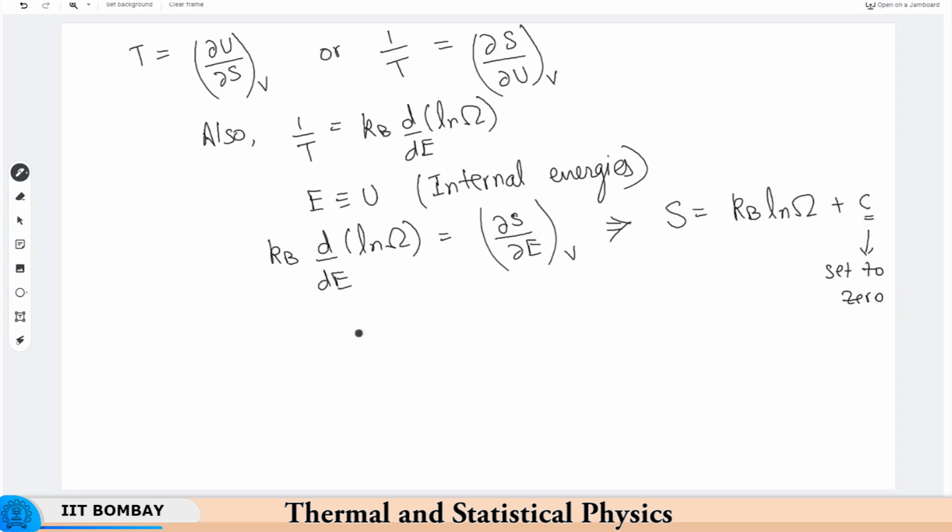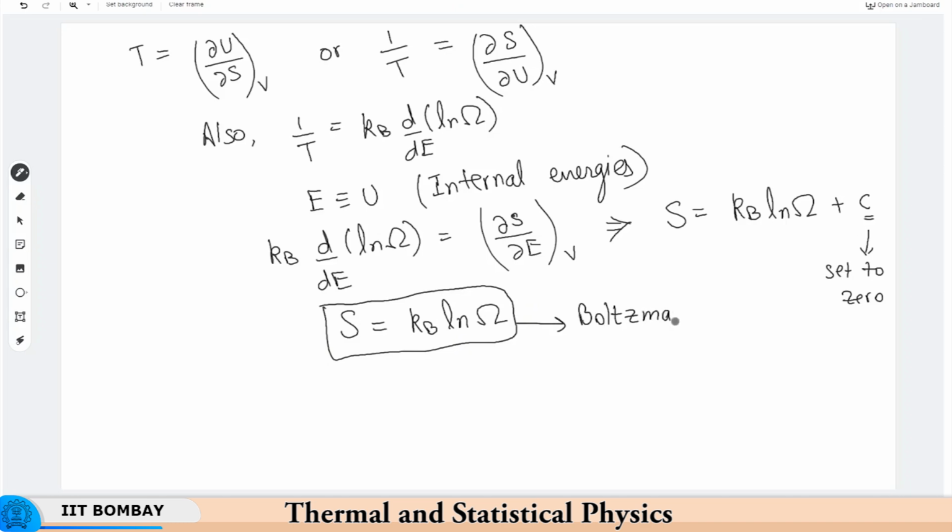Which leaves us with a very important equation: the entropy S is equal to Kb times log of omega, and this is known as the Boltzmann equation. So this is entropy expressed in terms of the number of microstates. Entropy is basically just a measure of how many possible microstates there are in a particular macrostate.